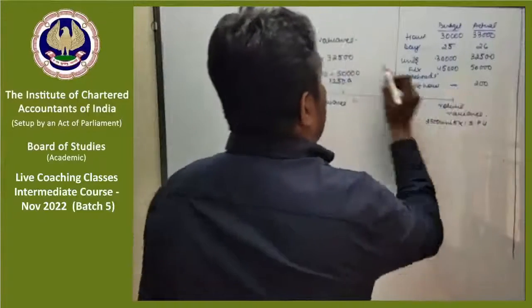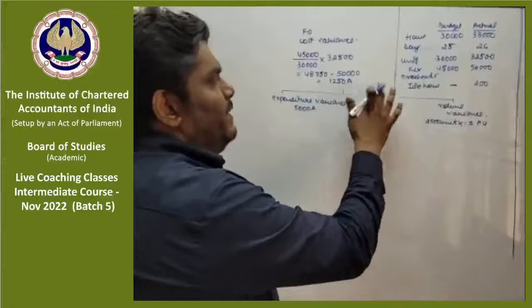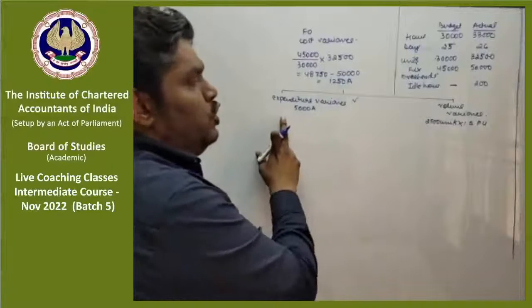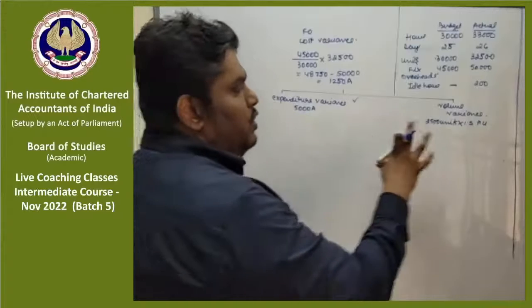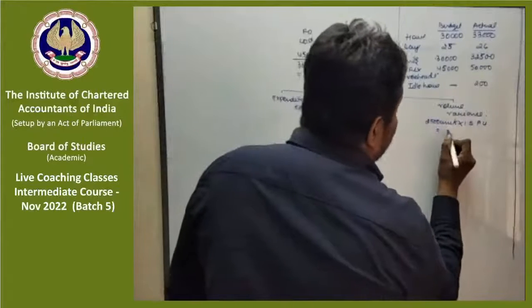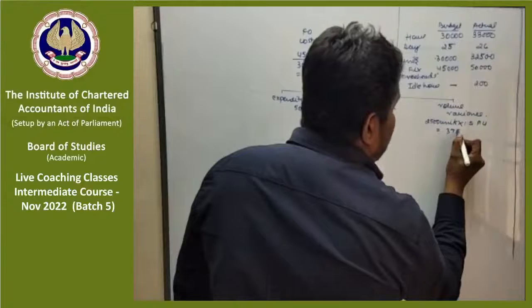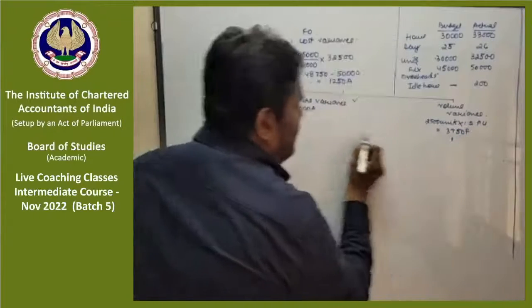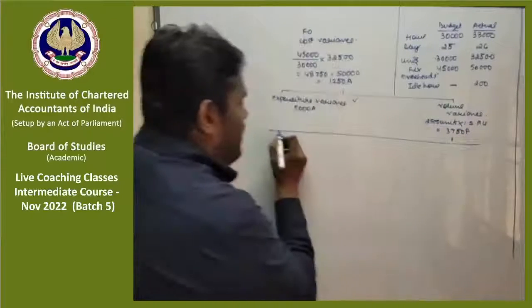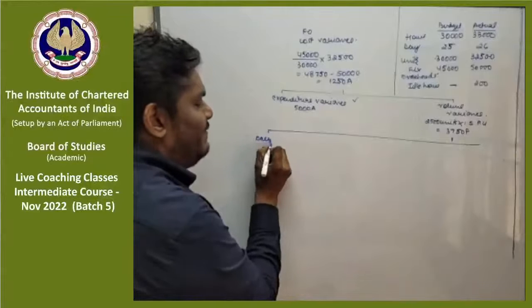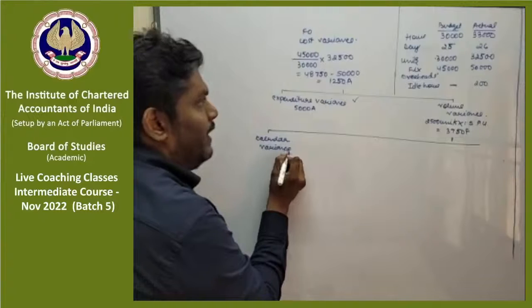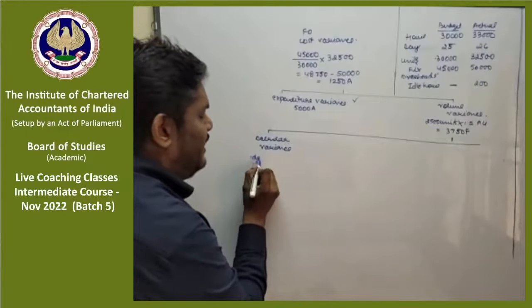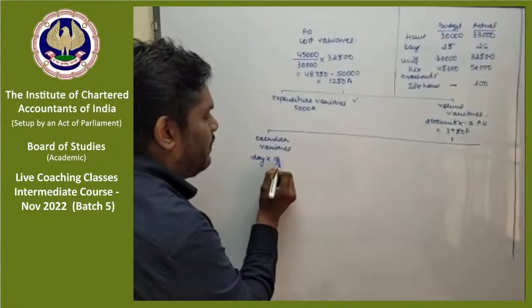So again, no change in the cost variance, it will be 1250 adverse. No change in the expenditure variance, it will be 5000 adverse. No change in volume variance, it will be the same, that is 3750 favorable. Again, no change in calendar variance also. It will remain the same, that is 1 day into 1800.